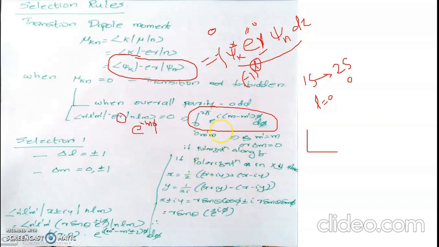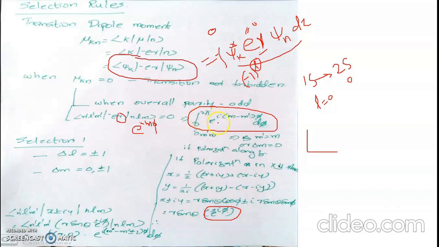Then that will be giving a component along the zenith angle direction. So this is r sin theta cos phi plus or minus i r sin theta sin phi. So r sin theta is taken out. What remains is cos phi plus or minus i sin phi, which is e raised to plus or minus i phi. So when the polarization is in the xy plane, there is one more component for the phi part.